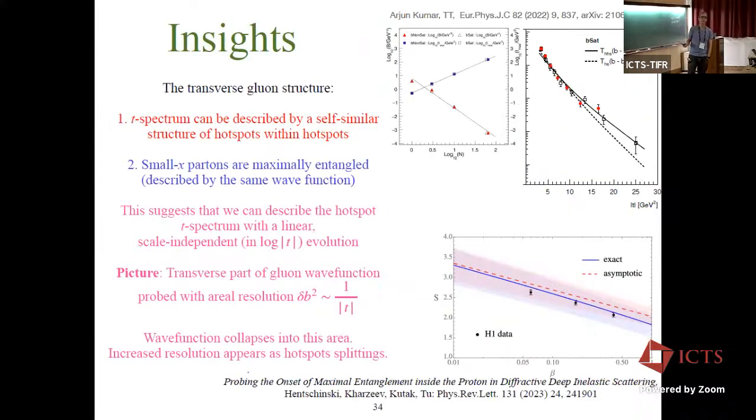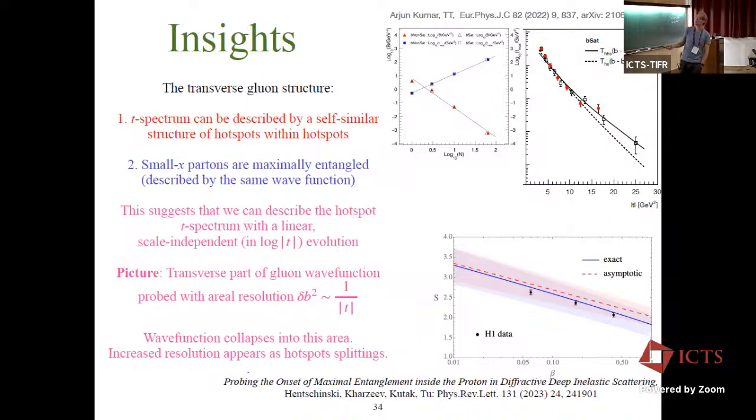So in order to do that, we have to make the thickness function dependent on t. There are a few hints on how to proceed to incorporate that into a model. One is that we have done some earlier studies where we can describe this t spectrum with a sort of self-similar structure of hotspots within hotspots, a self-similar gluon structure. And we see that in the way the parameters fall on a line here on a log scale.